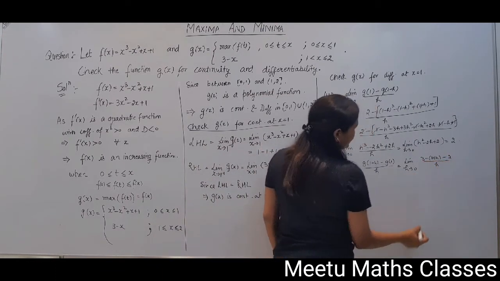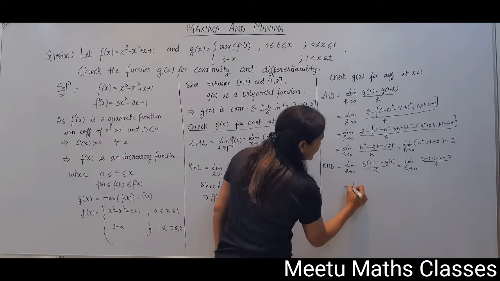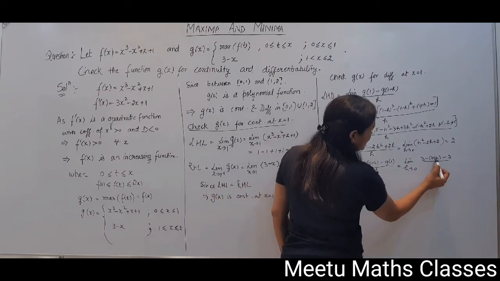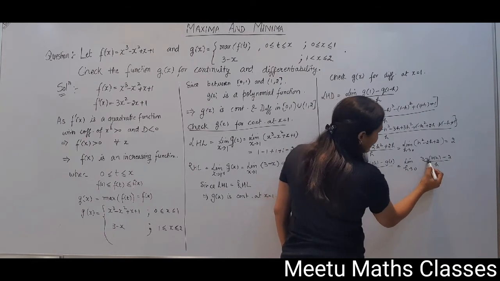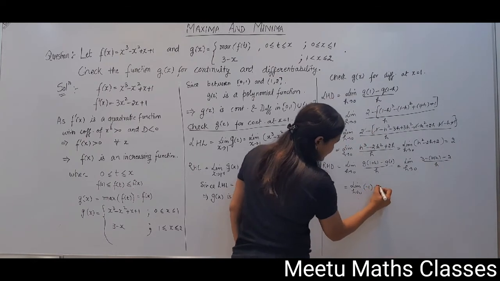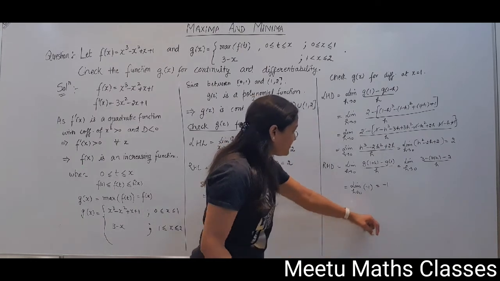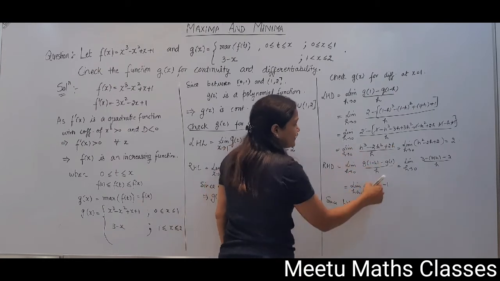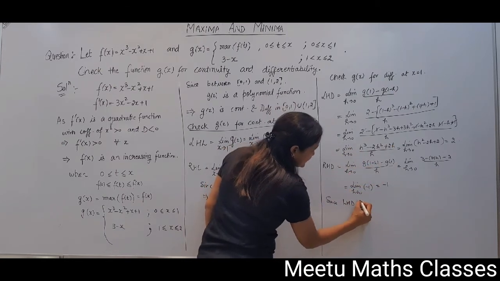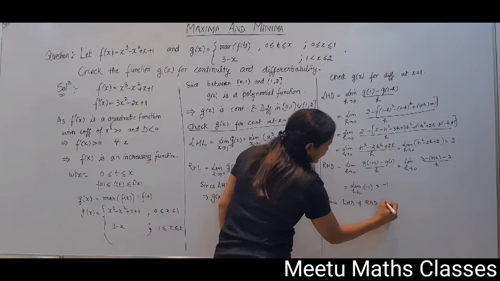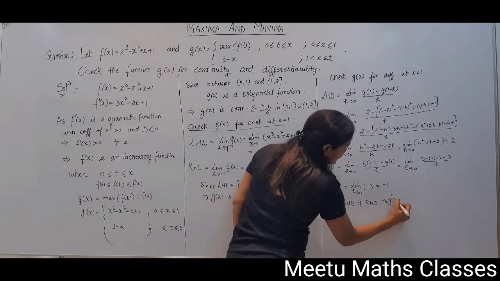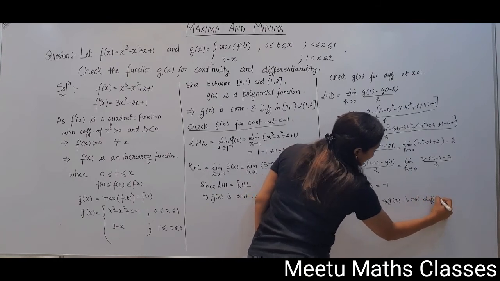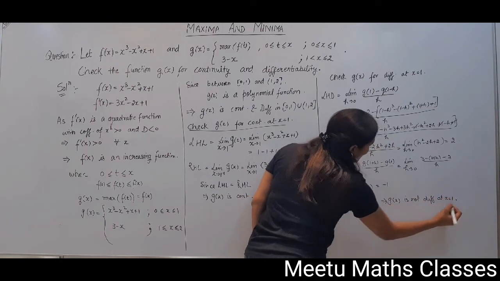So this will be limit h tends to 0 of 3 minus 1 minus h minus 2 upon h; 2 and 2 will cancel out, then minus h upon h gives minus 1. Since the left hand derivative is 2 and the right hand derivative is minus 1, they are not equal. That implies your function g(x) is not differentiable at x equals 1.